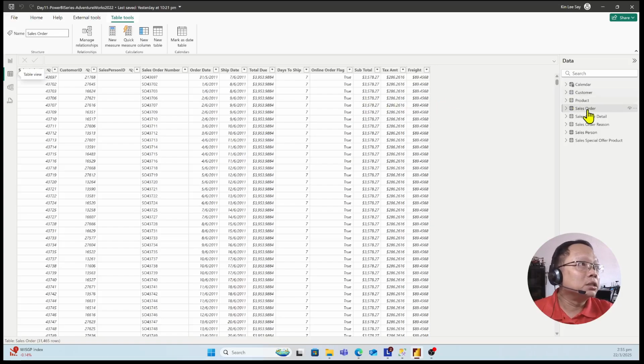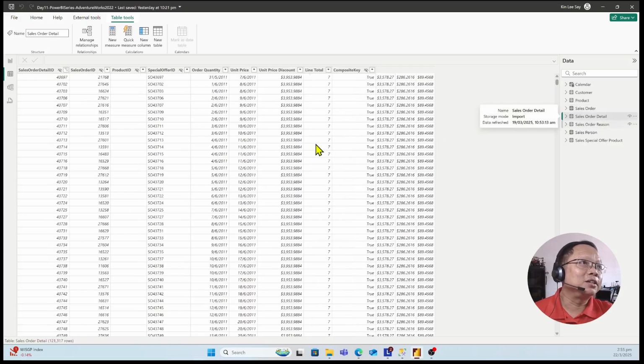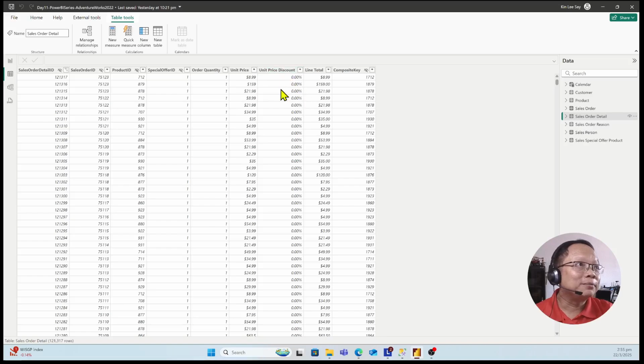So in the sales order table or query, there's this subtotal. In the sales order detail, there's also this line total. If we look at the sales order 75123, there are currently three rows of records, with three different product IDs, so each row has a different line total value.